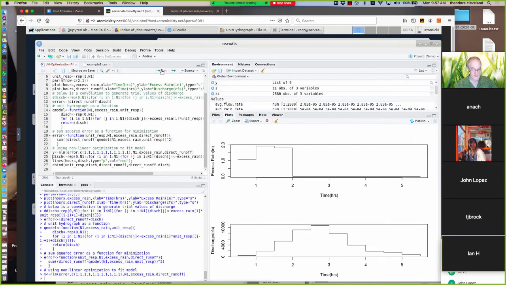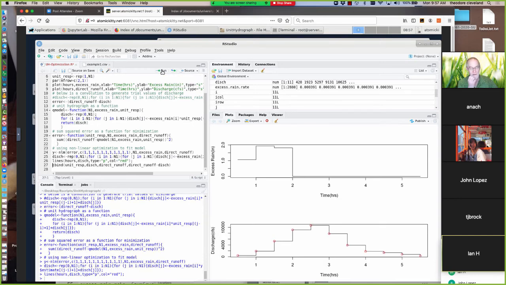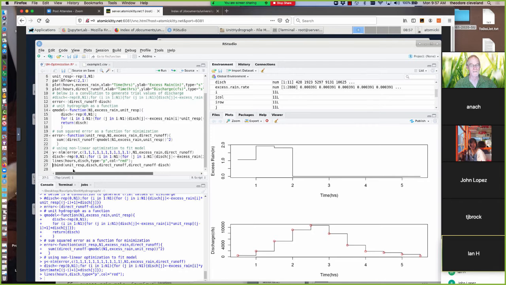So we've just minimized the error. Now we will compute the discharge. The red circles we just plotted are the computed discharge from the minimization.